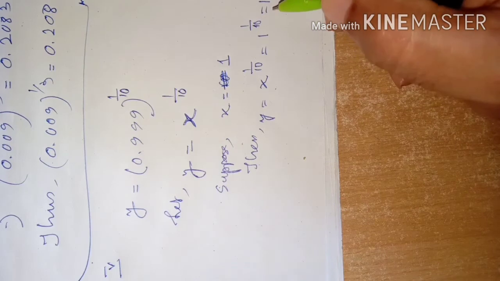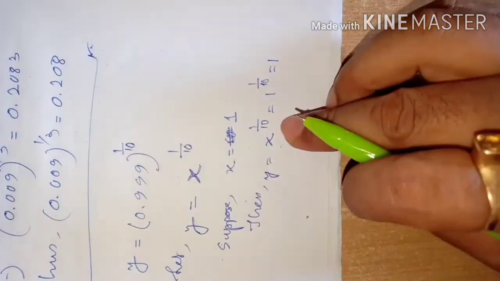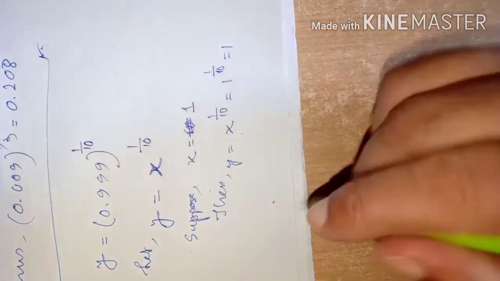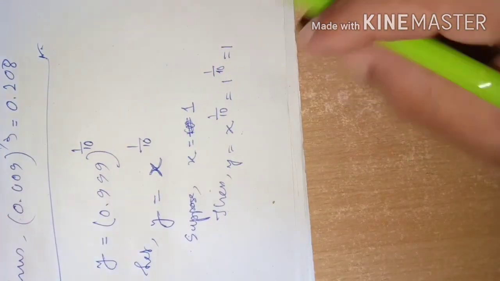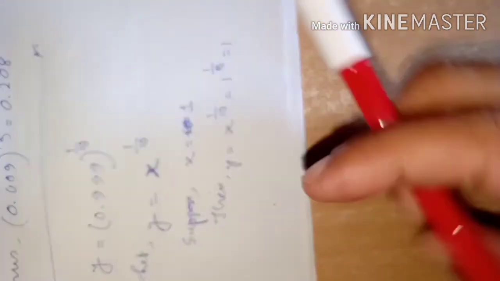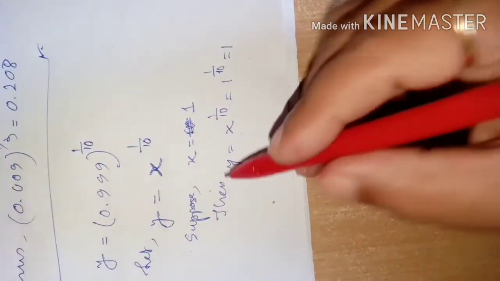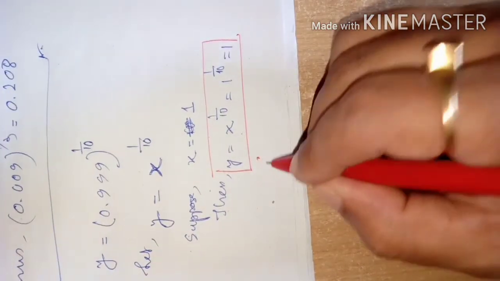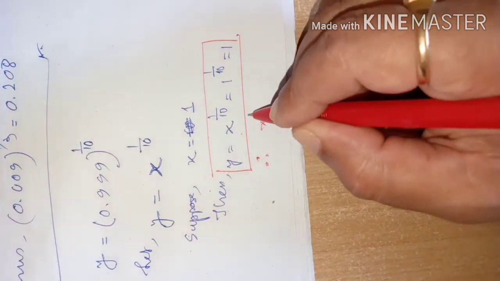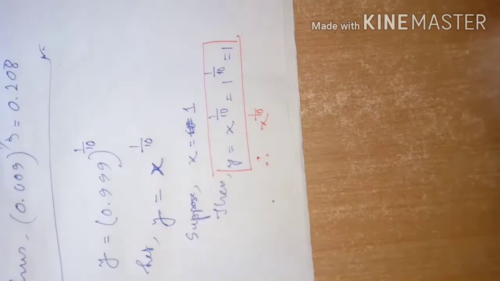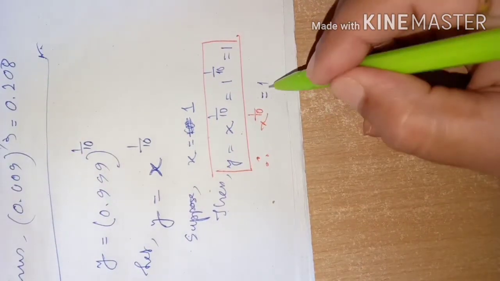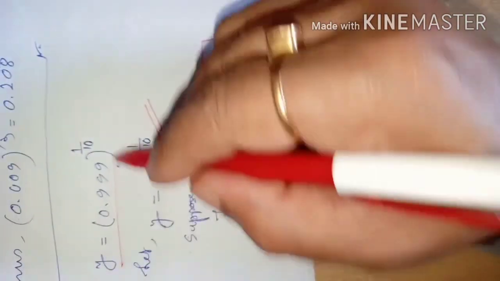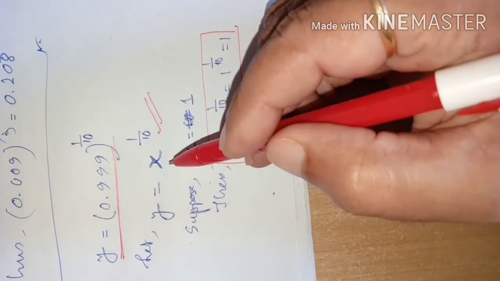The 10th root of 1 is what? Because 1 can be written as 1 to the power of 10, the 10th root will be 1 only. So y is equal to 1. That means x raised to the power of 1 by 10 has the value 1. Remember this. So supposing the function this way, according to the given form, is our first step.